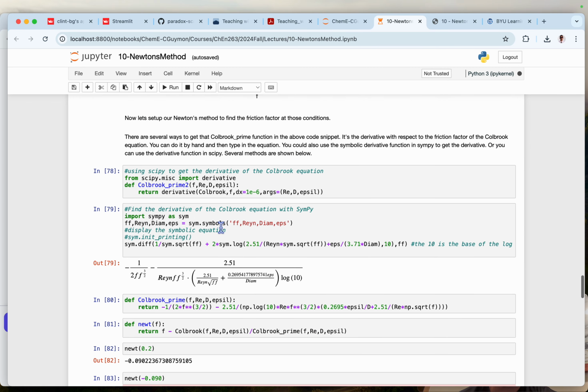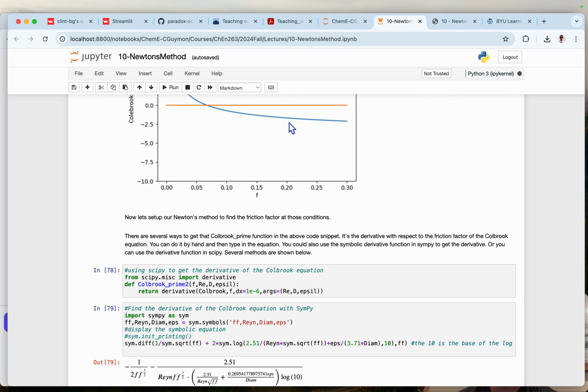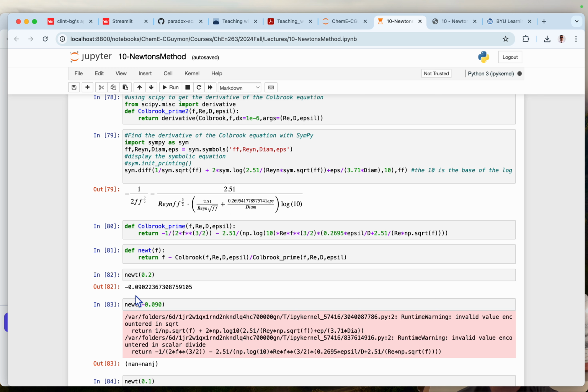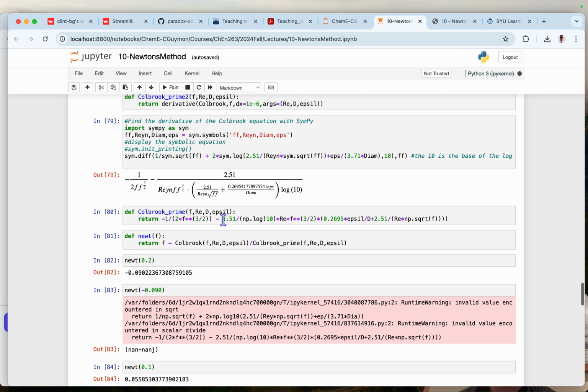So if I start at point 2 here, it should linearly extrapolate out here, and you can see it goes negative. And what do you see in here in the derivative? Square root of a negative number. That's a problem.